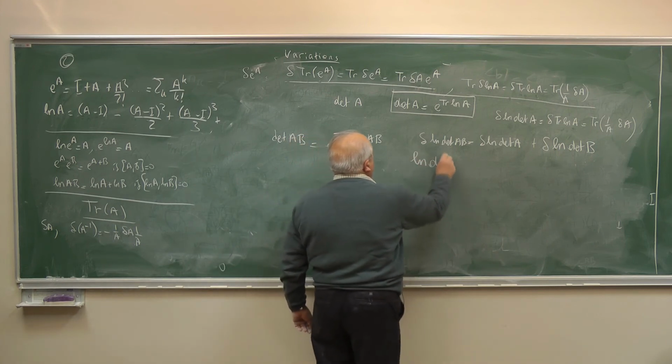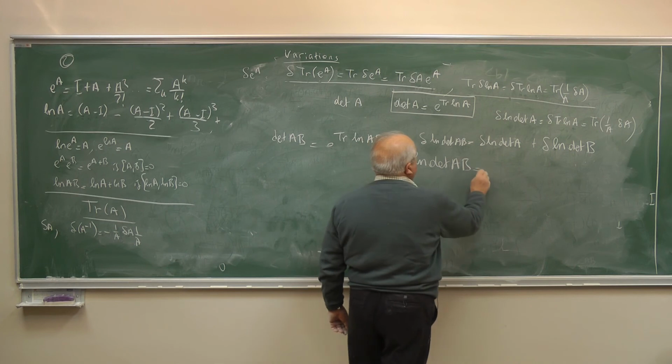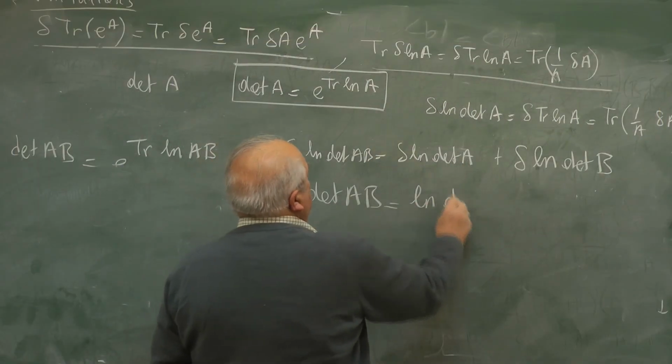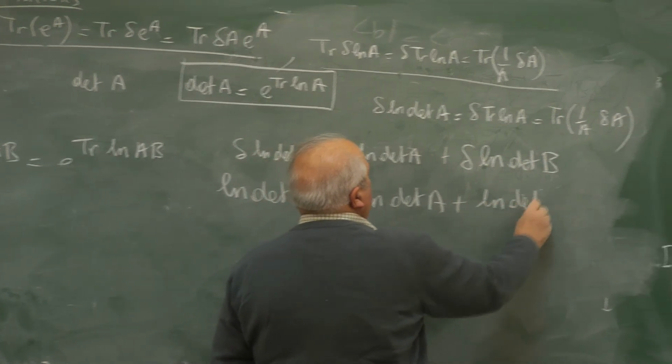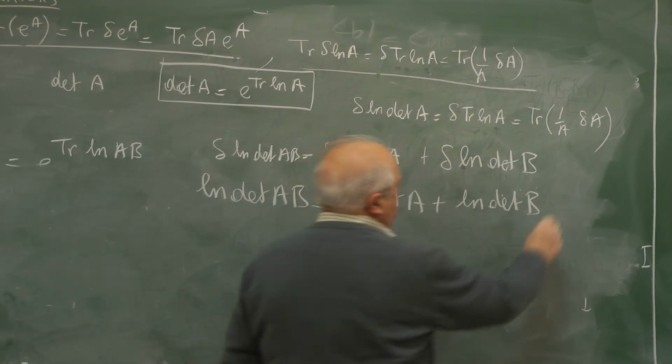Log determinant AB is equal to log determinant A plus log determinant B plus constant.